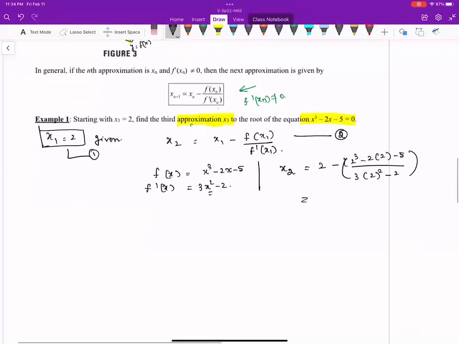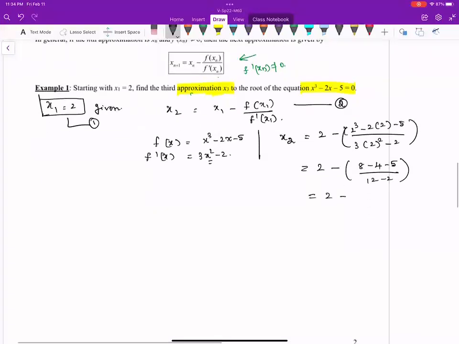So we can compute this manually: 2 minus 8 minus 4 minus 5 divided by 12 minus 2. So it is going to be 2 minus negative 1 divided by 10, which will be 2 plus 1 over 10, which is going to be 2.1. When the first approximation is 2, the second approximation comes out to be 2.1.